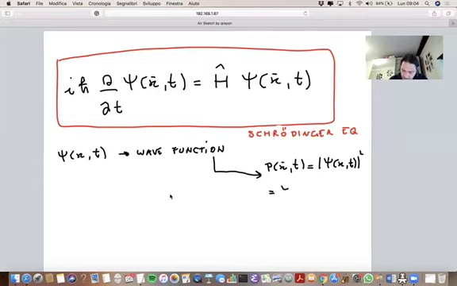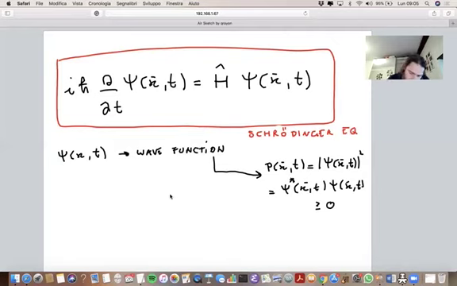Let me remind you from your recent lecture on complex numbers, it is just the product of the wave function and its complex conjugate, which by definition is positive definite. So since this object is always greater or equal than 0, this quantity can be interpreted as a probability.